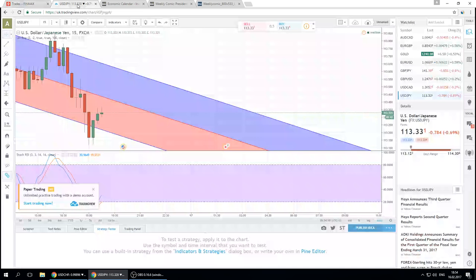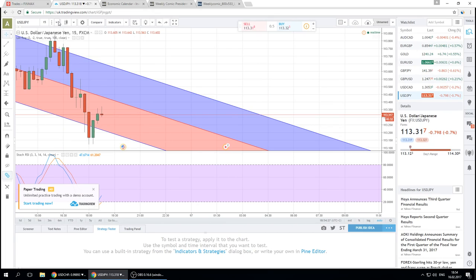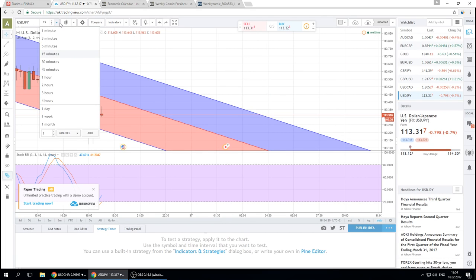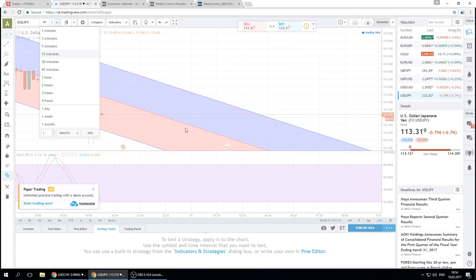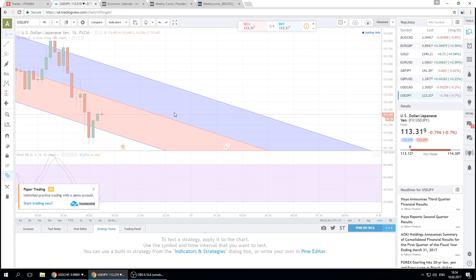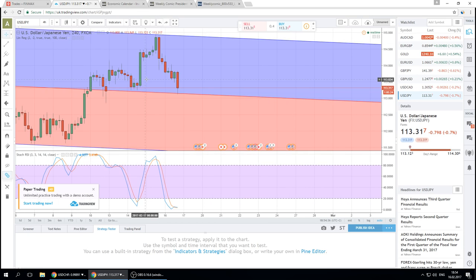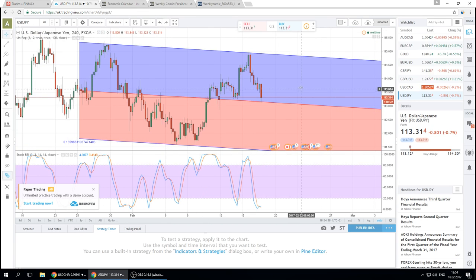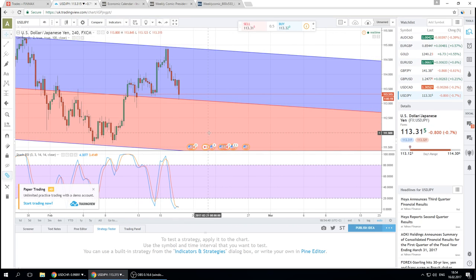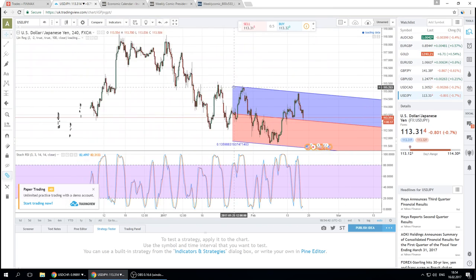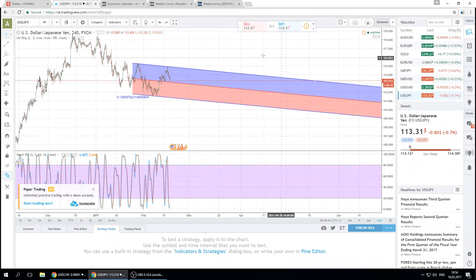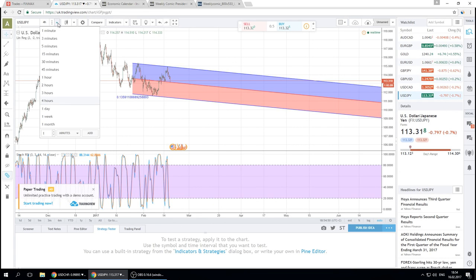You can also use this approach to trading for much longer time frames. Let's switch to the 4-hour time frame. The situation is much brighter here. You see the general trend, in this case it's going down.